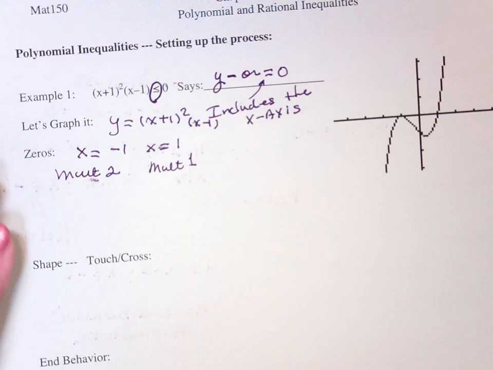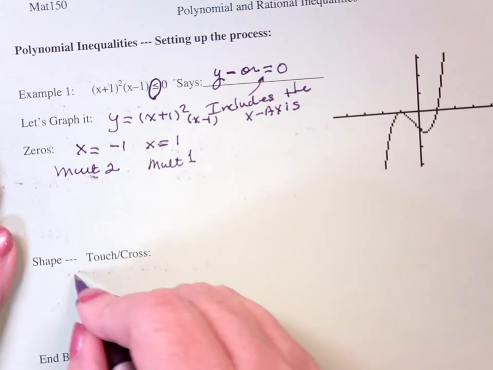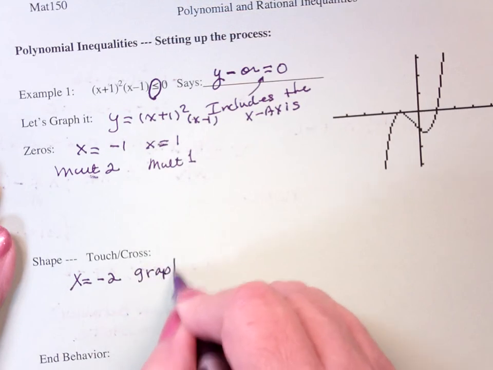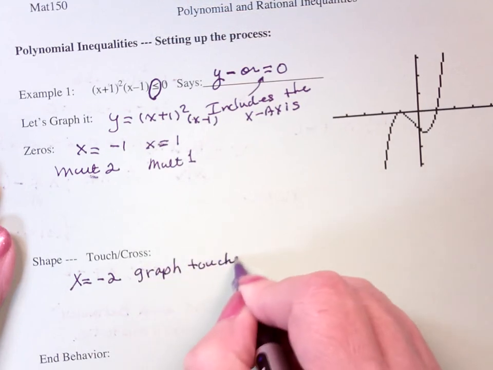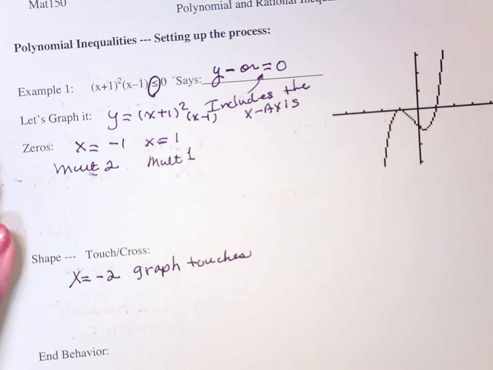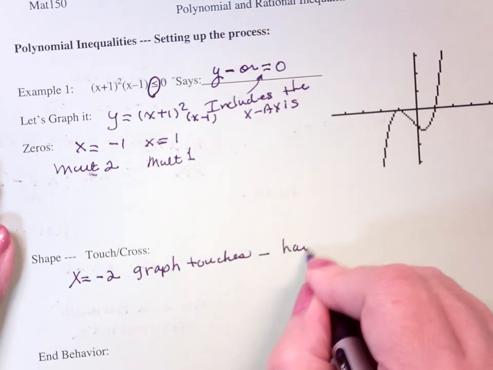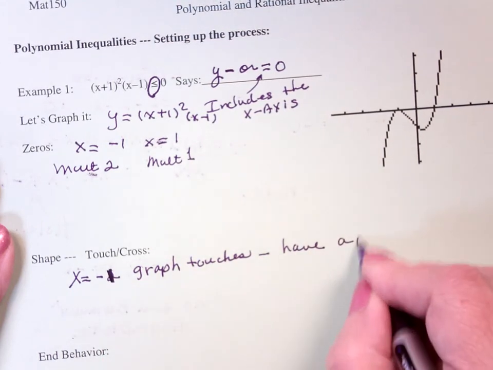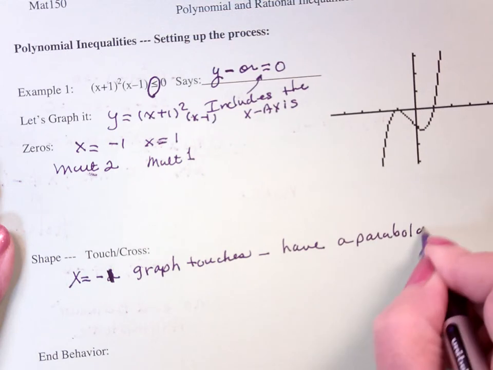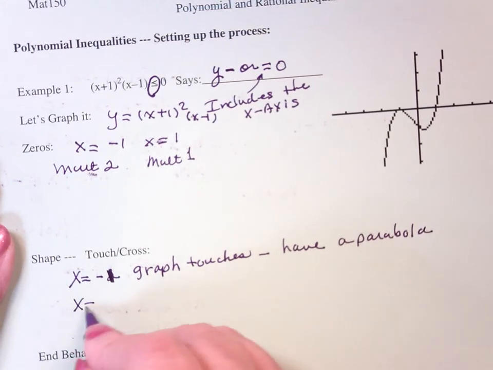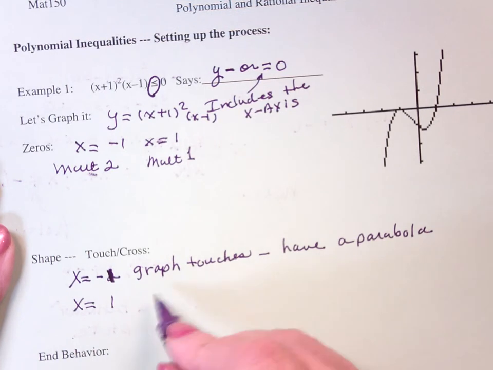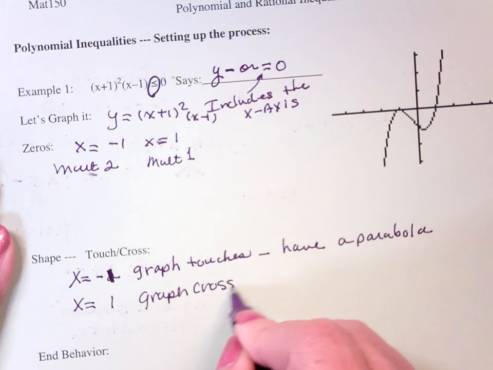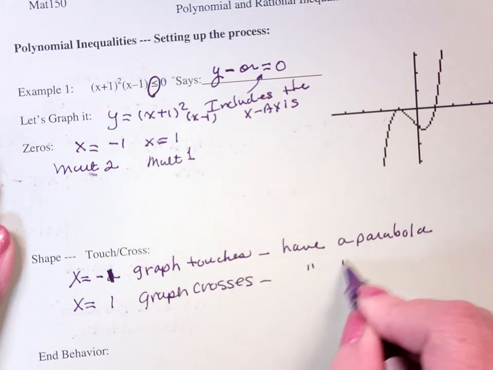So at x equals negative 1, the graph touches, and we have a parabola. And at x equals positive 1, it's multiplicity 1, the graph crosses, and we have a line.